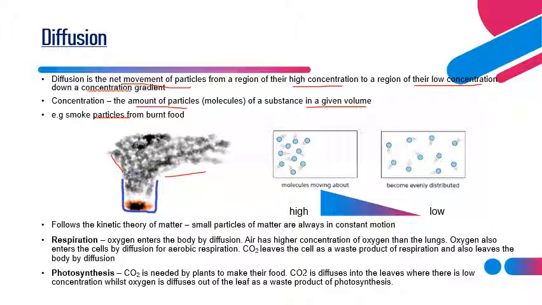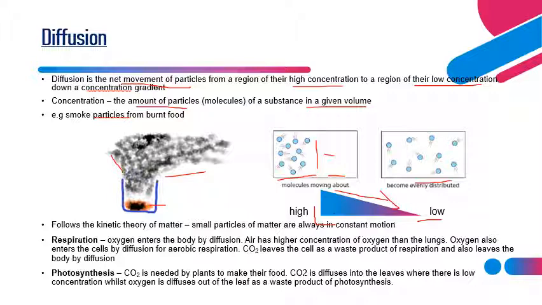It's because the smoke particles have diffused from a region of high concentration, which is in the pot, and they start to distribute themselves to a region where there's low concentration, filling up these spaces until the smoke particles become evenly distributed. So they move from a high concentration region to a low concentration region down a concentration gradient.